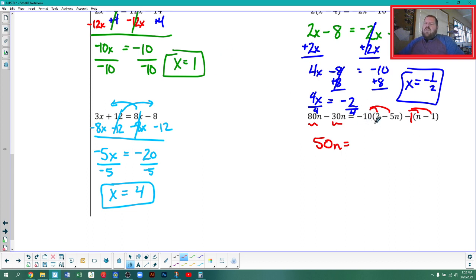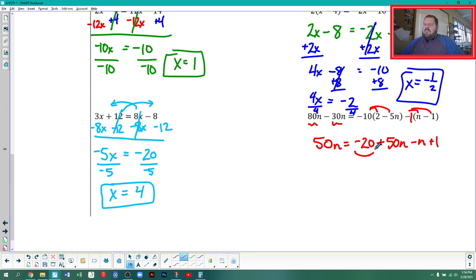So let's do the first one first. Negative 10 times 2 is negative 20. Negative 10 times negative 5 is plus 50n. And then I have negative 1 times n. And I have negative 1 times negative 1, which is plus 1. Let's simplify this side.